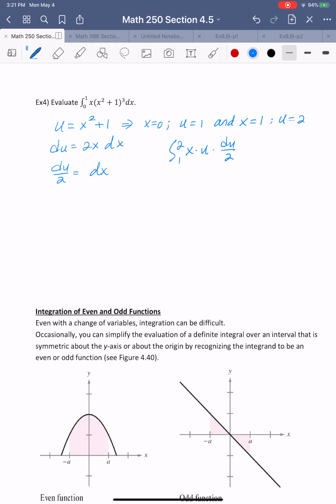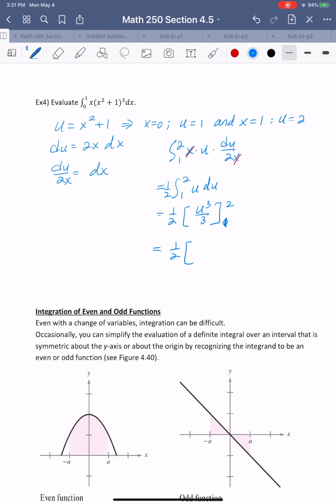The x's cancel out, and this becomes the integral from 1 to 2 of u, with the 1/2 pulled out, du. Then use the power rule, and you get u squared over 2 from 1 to 2, and then the half, plug it in.